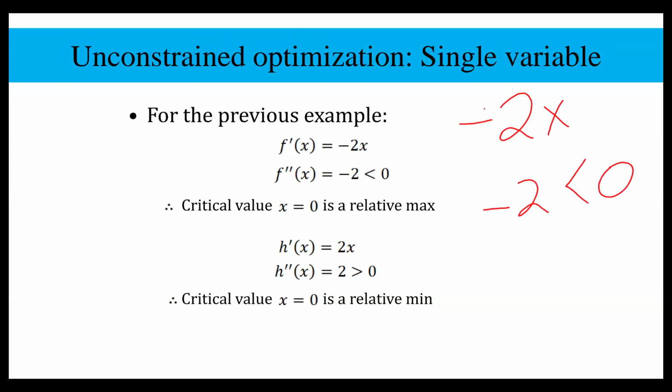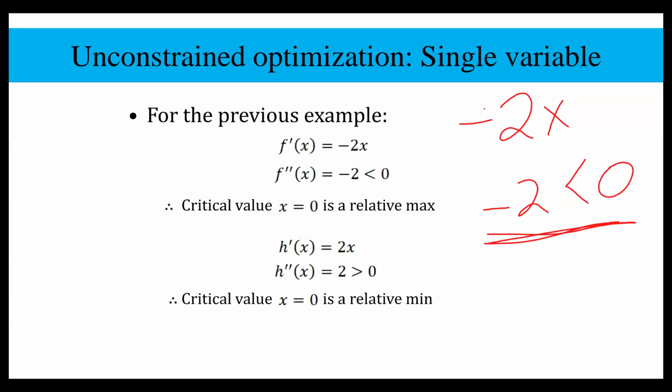If the second derivative is less than 0, do we have a minimum or a max? We have a maximum at the critical point. At that critical point, the function gives you the maximum.